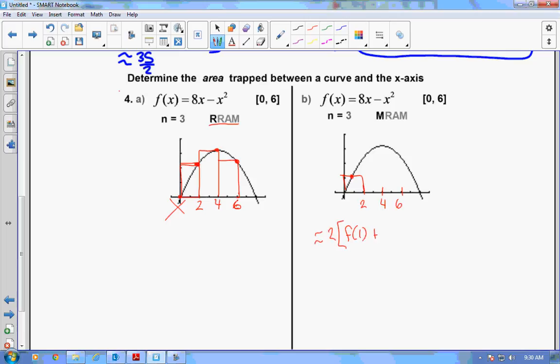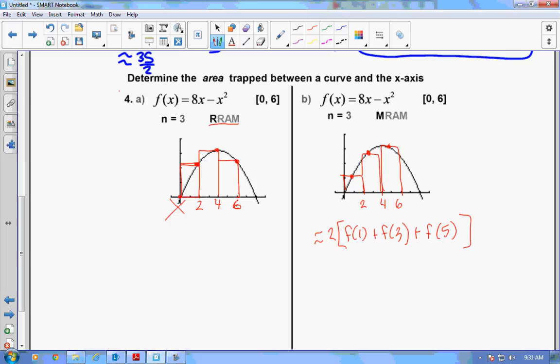Plus f of the midpoint this time, which is 3. So you use f of 3. And then we use the midpoint 5. And make sure, did we actually get 3 rectangles on both of these? Make sure your rectangles match your number, and it works.